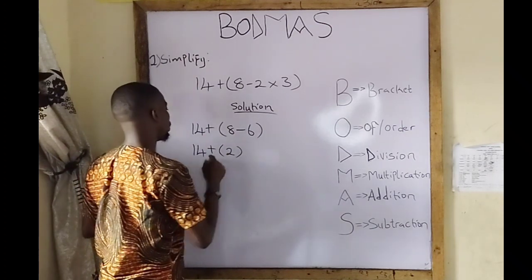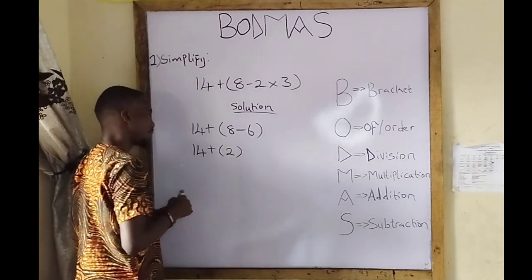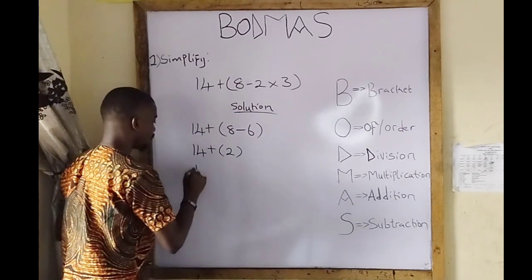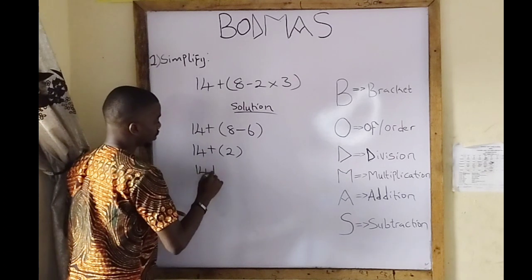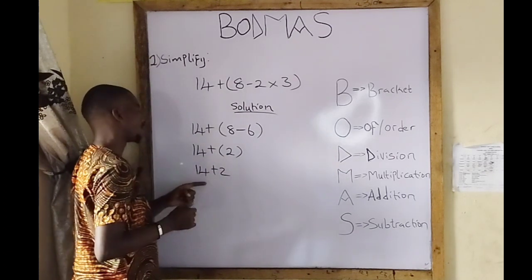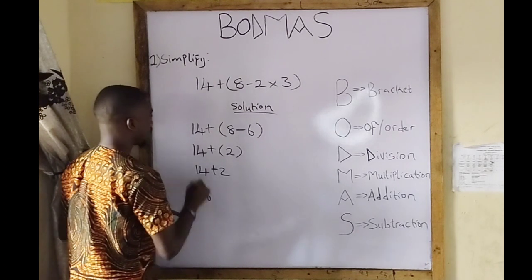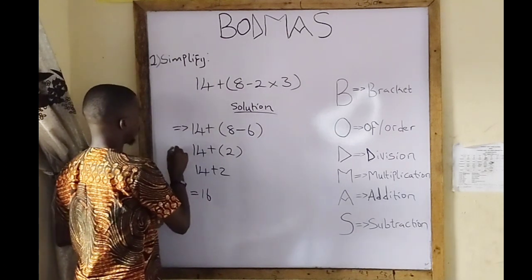So that we open the bracket with an invisible 1 outside the bracket. That's plus 1 times 2. We have 14 plus 2. So that 14 plus 2 will give us 16.